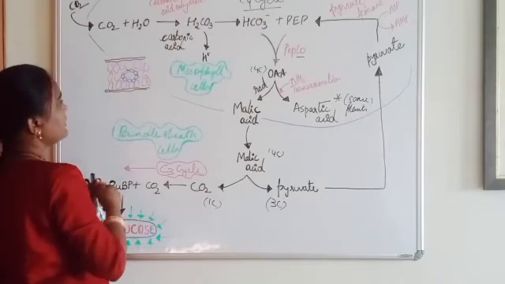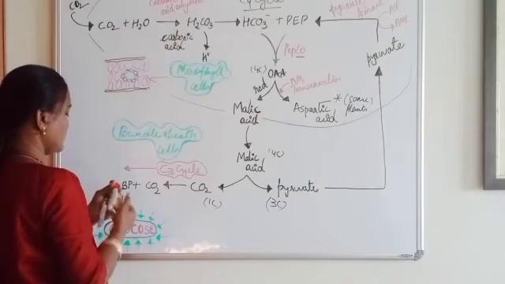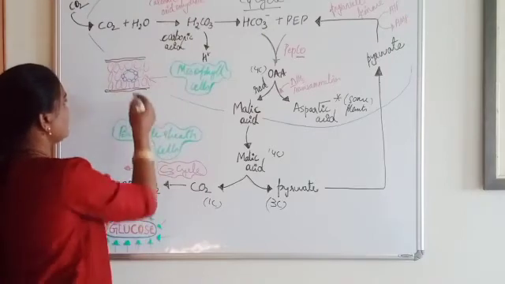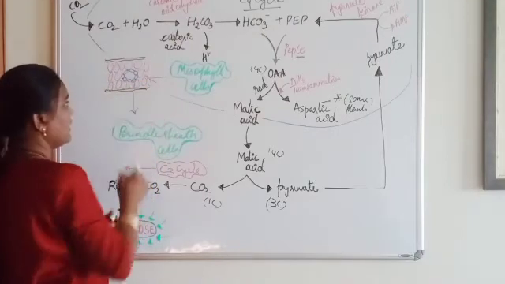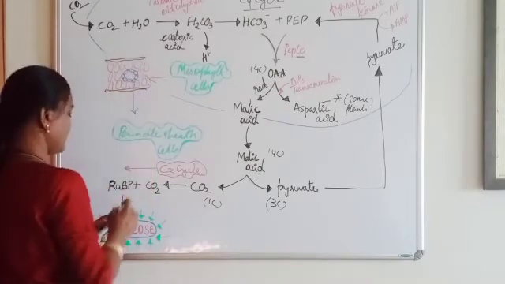This red color is your mesophyll cells, and this blue color is your bundle sheath cells, and hence there are no gaps.